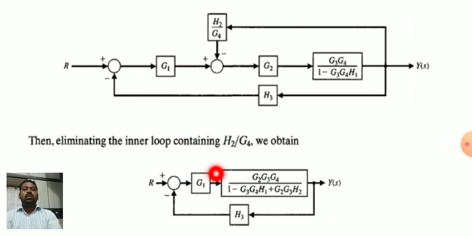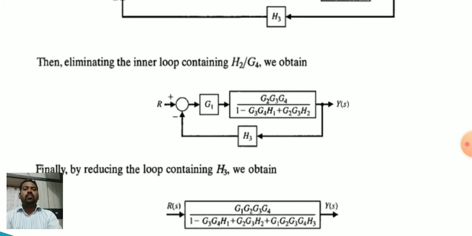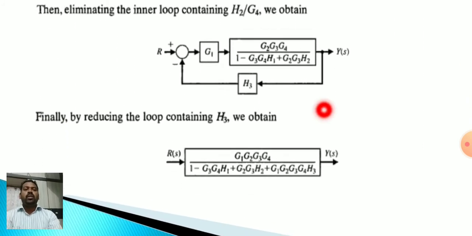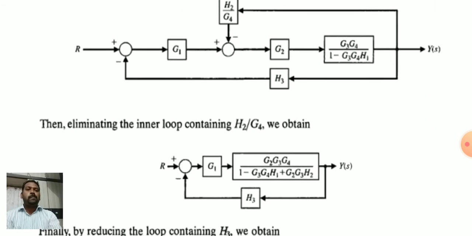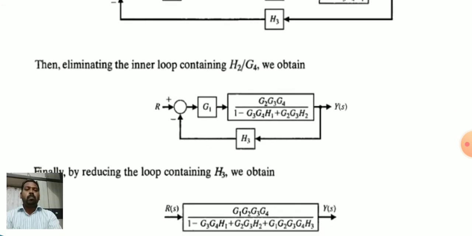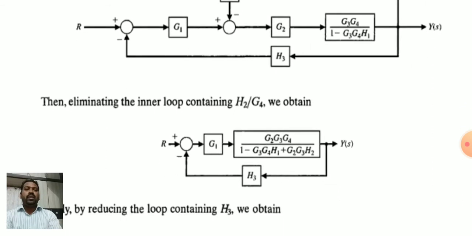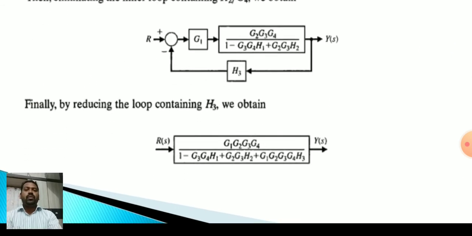You combine it once again, as shown here. Once again you multiply G1, G2, G3, G4, and this negative loop H3 you can remove. Okay.